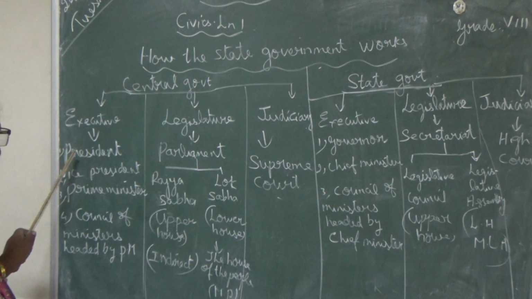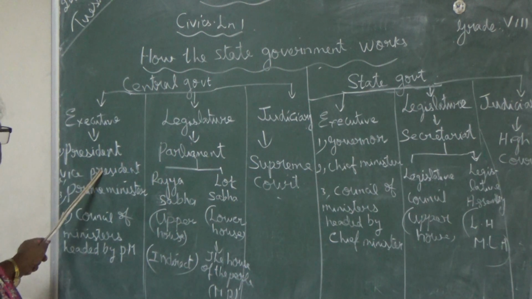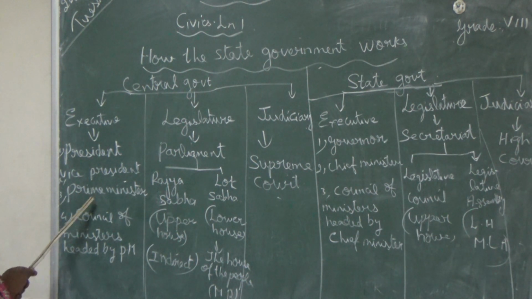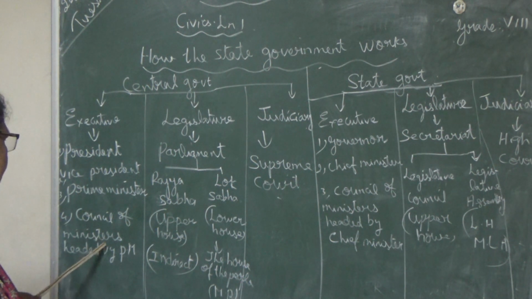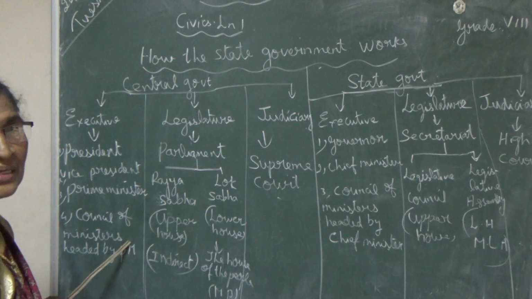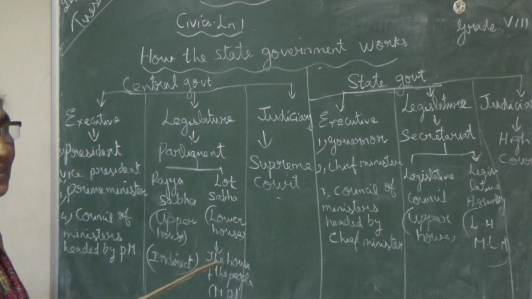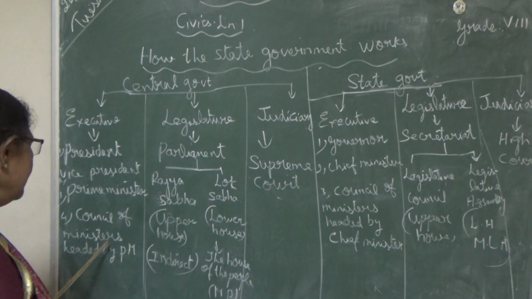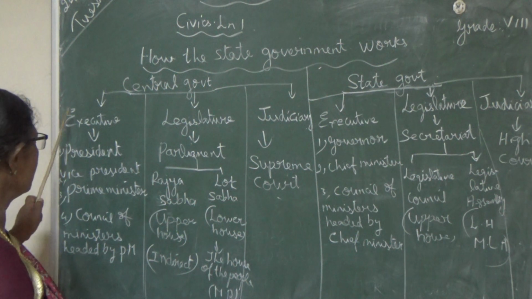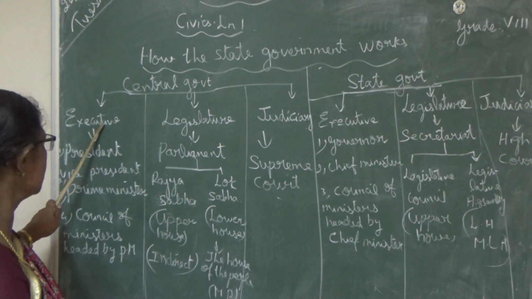Those who are the members of the executive in the central government are the president, vice president, prime minister, then the council of ministers headed by the prime minister. That means the important ministers, not MPs. They are the members of the executive.